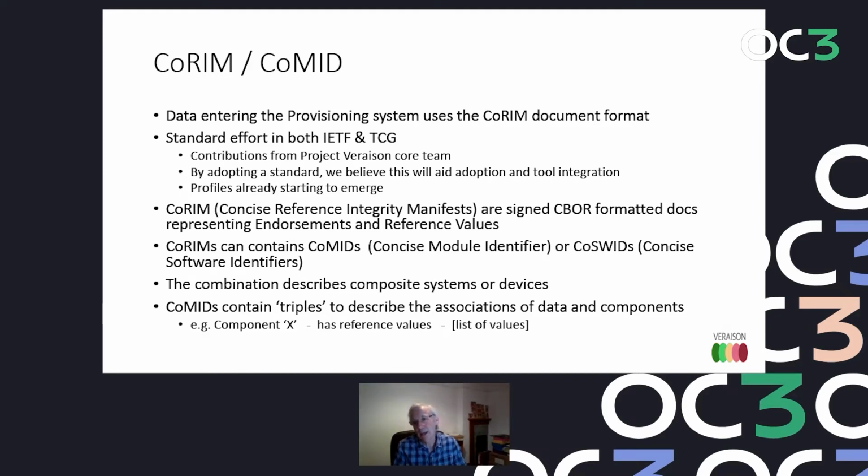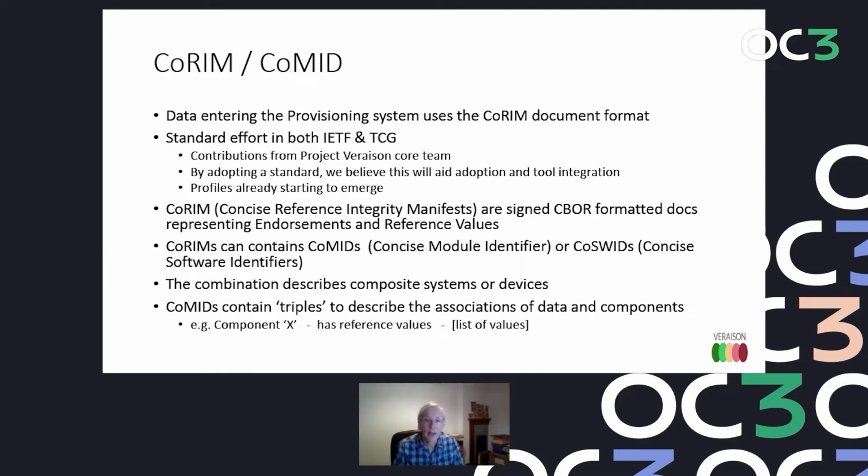So there is the RIM, which is a document format, a data model, which can be used to describe reference values or endorsements. And then CoRIMs are made up of module identifiers, the sum of which can define a system or a device, and the CoRIMs can be signed.